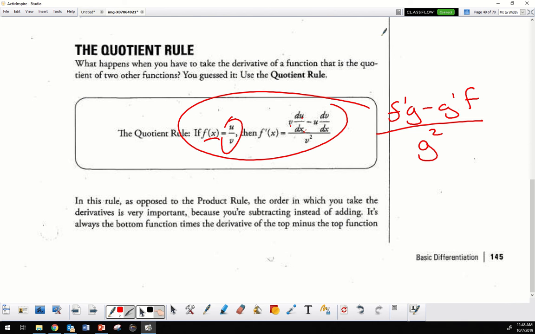So in these terms, it would be v times u prime, right? Minus u, whatever the function u is, and then dv dx, so that's the derivative of function v in terms of x. So that's going to be times v prime all over v squared.